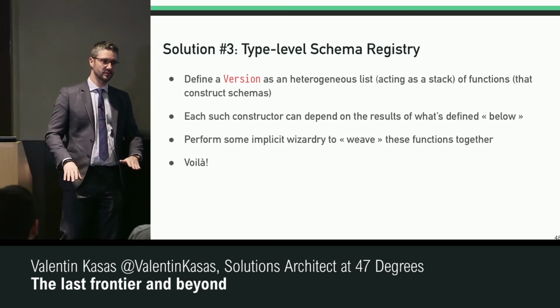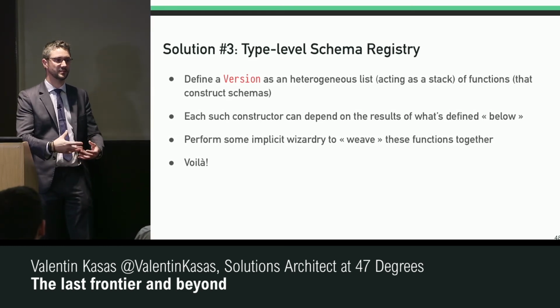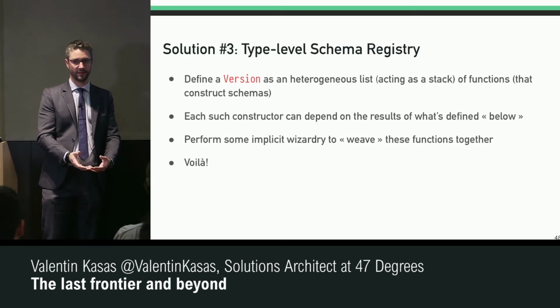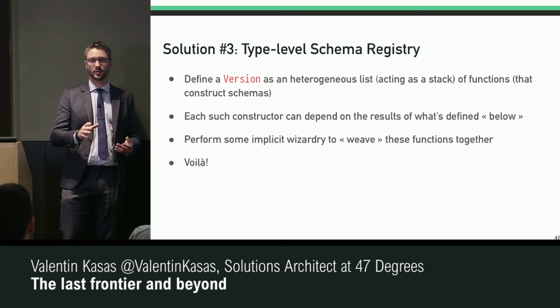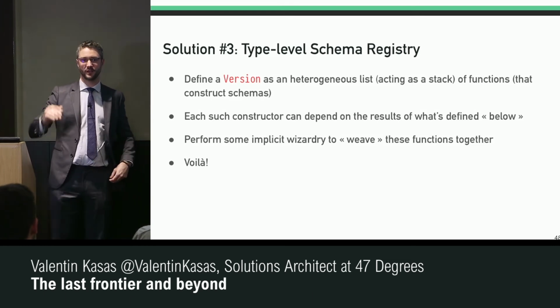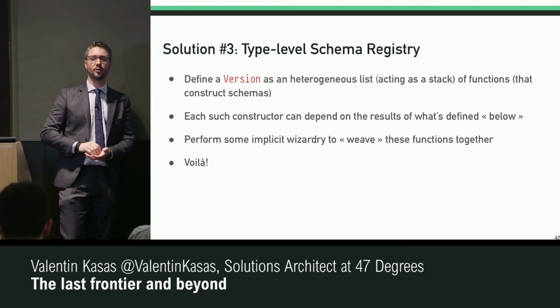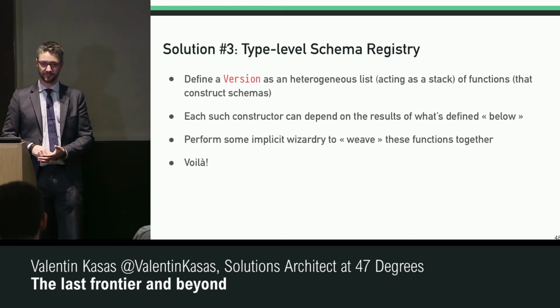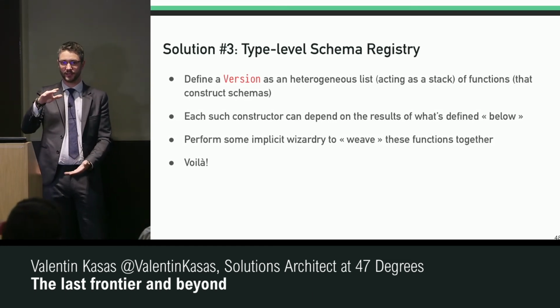At the bottom of this stack, you put the schemas that don't depend on anything. Oh, the newest one would be. Not the newest, no. So you would define multiple versions, right? But in a version, you put all the schemas of all your model, right? And it's like a stack.